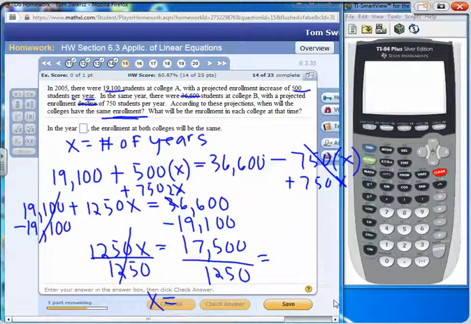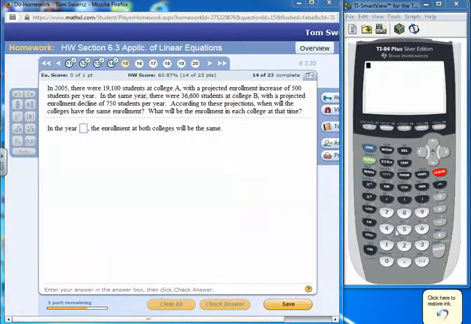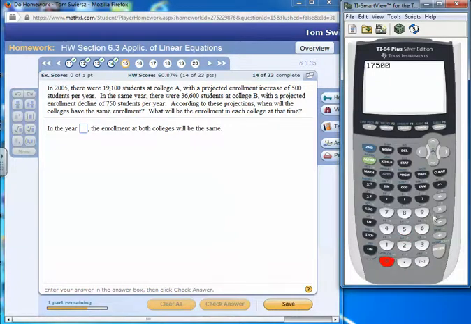We can do that on our calculator, and we get 14.